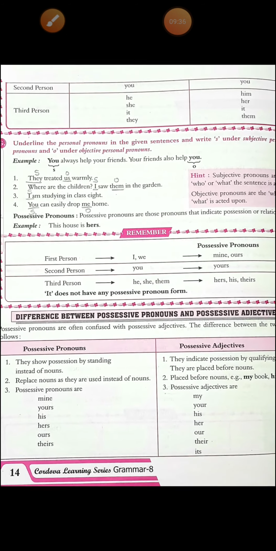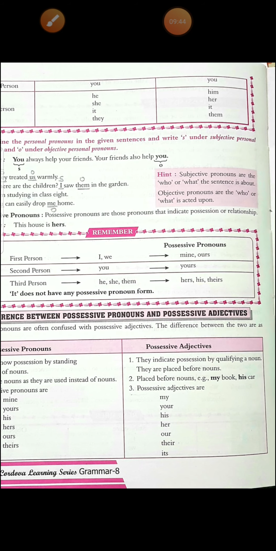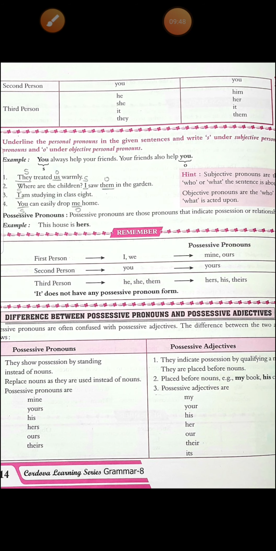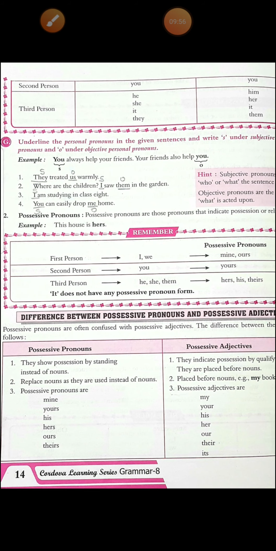See what is there in exercise G. You have to underline the personal pronouns in the given sentences and write S under subjective personal pronouns and O under objective personal pronouns. If you see the first one, you always help your friends, they also help you.